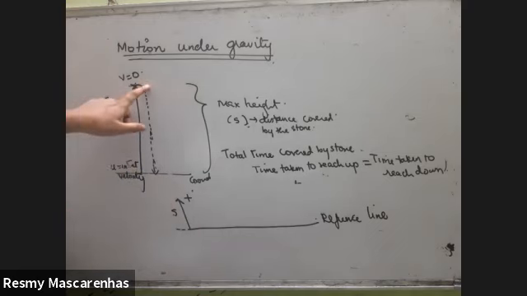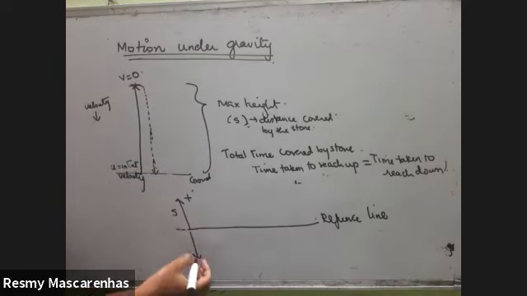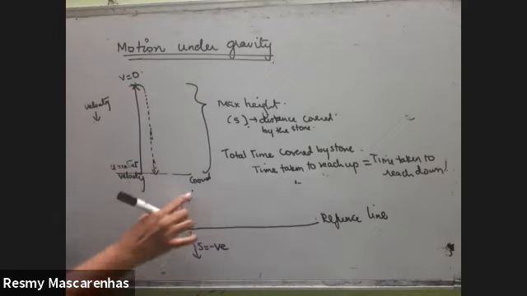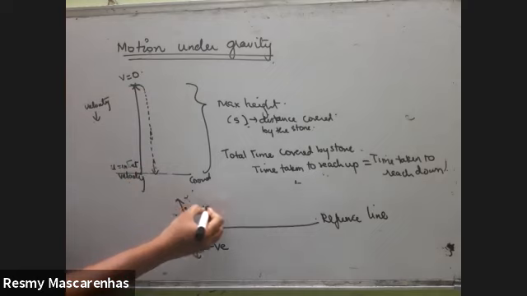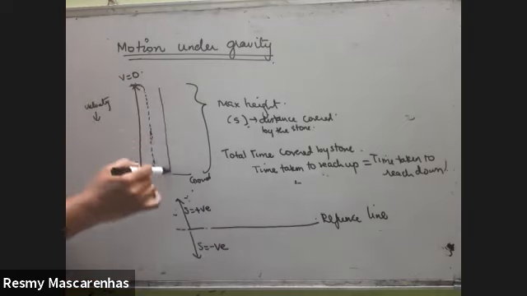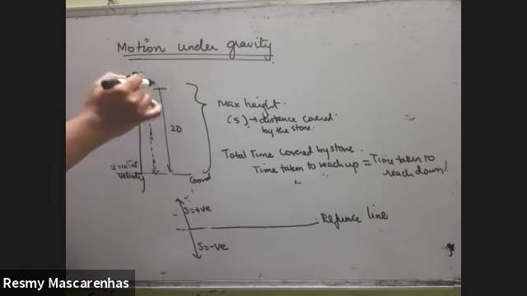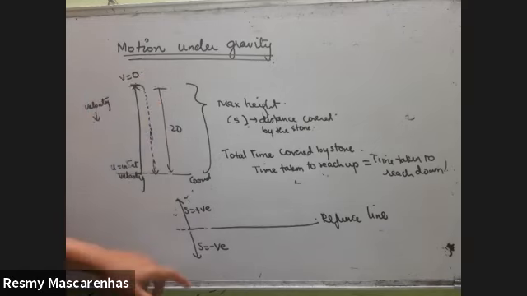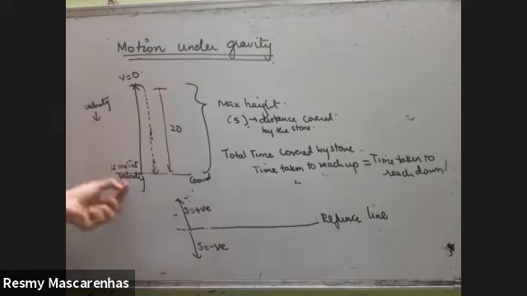Suppose the stone is coming from up to down, then S is to be taken negative. Okay, so upwards S is positive. So if I say the stone is falling from a 20 meters height, you have to take it as minus 20 when it is coming down. If this ball is thrown upwards and goes 20 meters up from here to here, then you have to take this as positive.